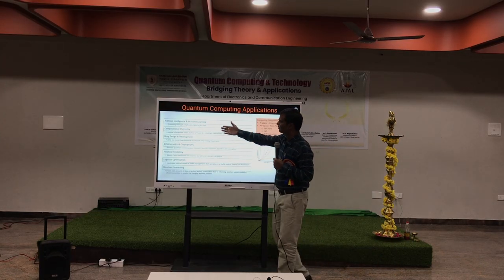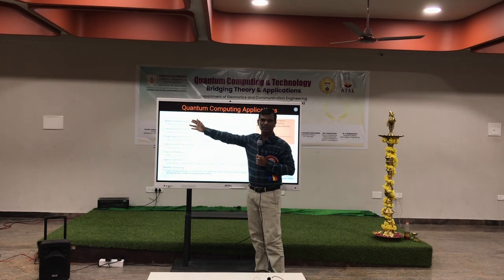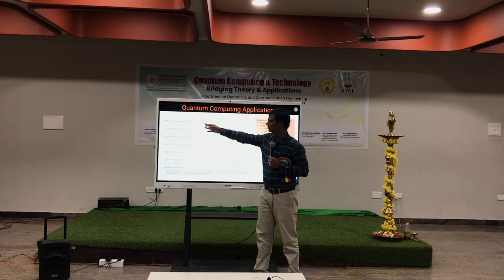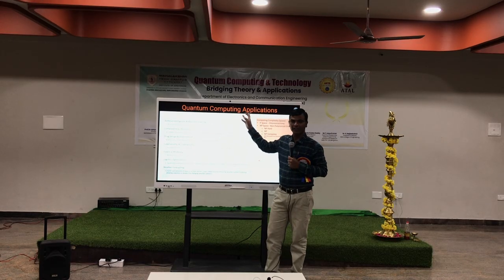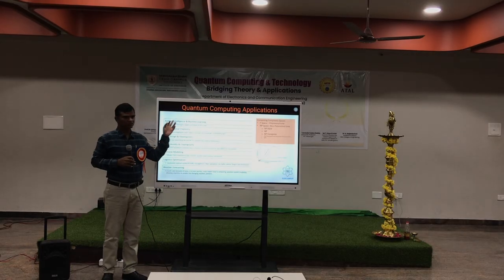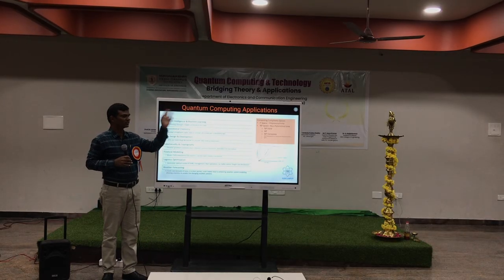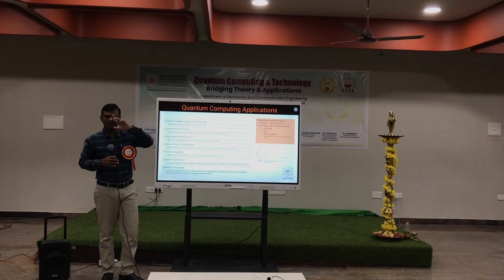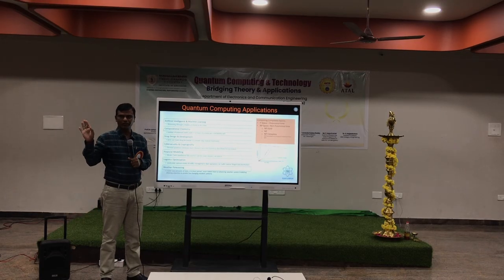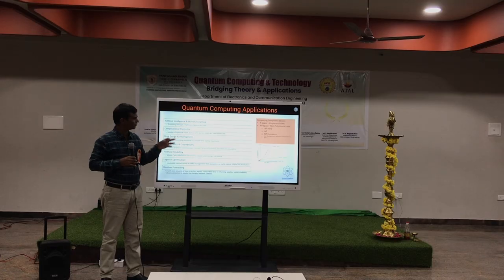And the first thing is artificial intelligence and machine learning. These are the applications where you can use this, for optimization problems only. Then computational chemistry.